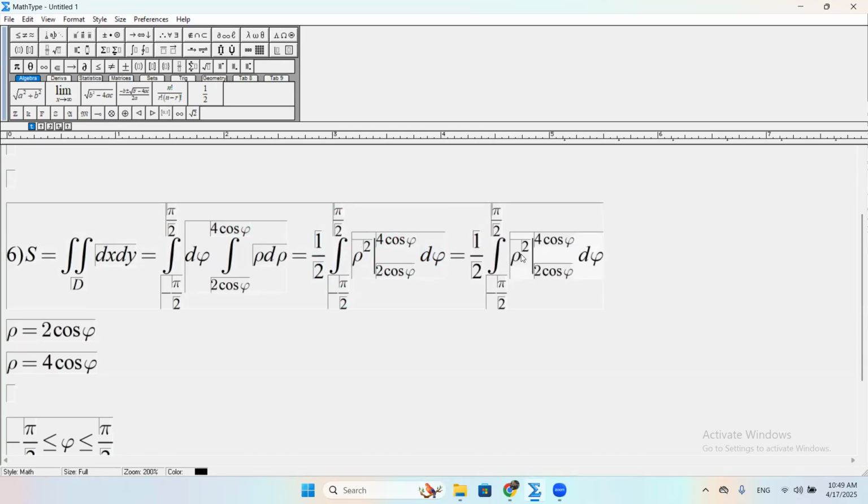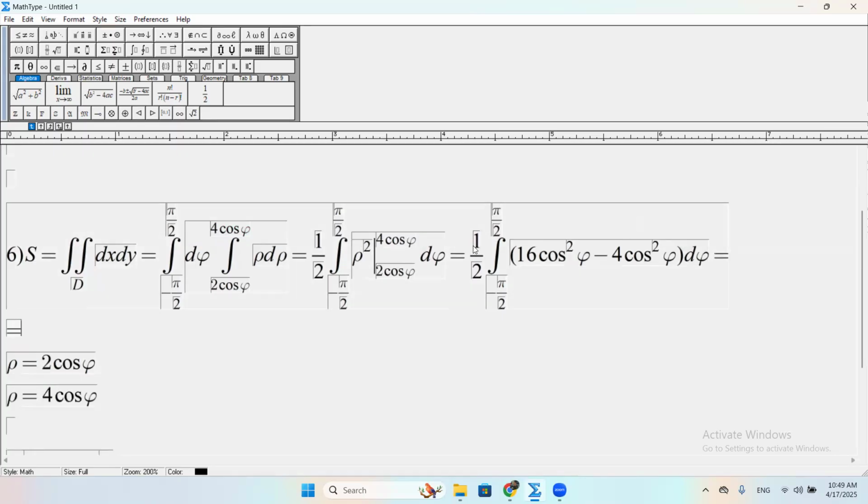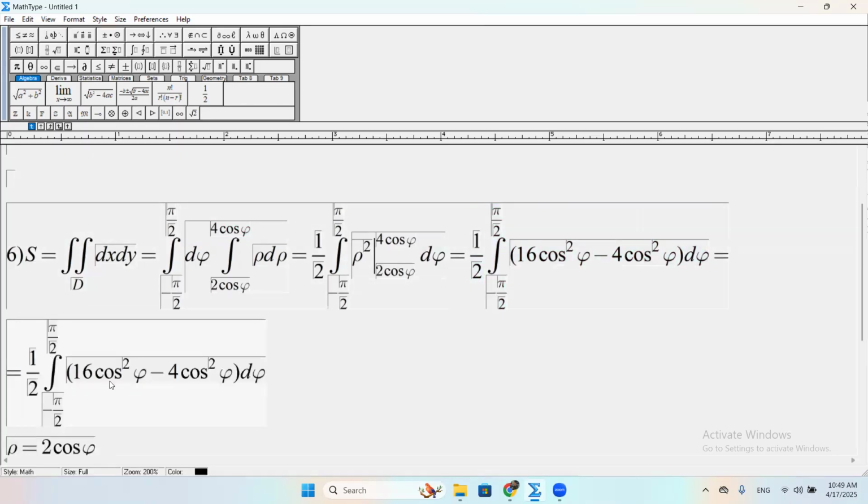So what do we have? 16 cosine square of phi minus 4 cosine square of phi. So what do we have? 12 cosine square of phi.